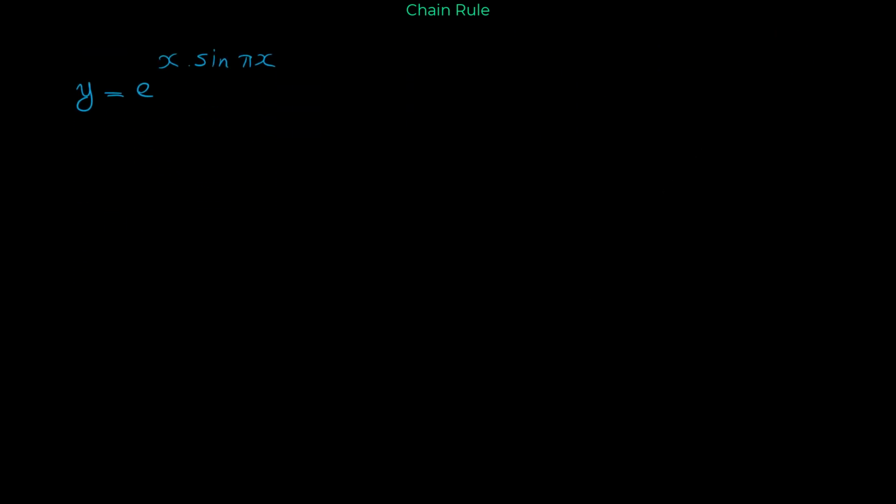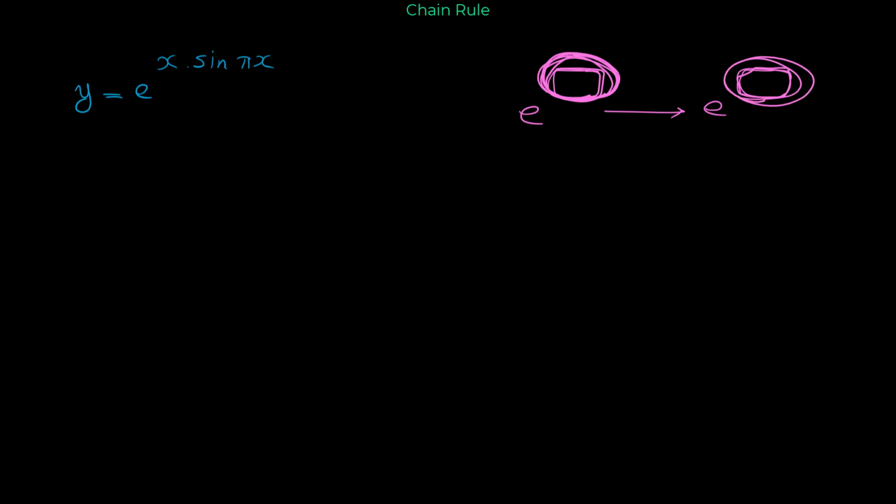Now look at this question. We want to find the derivative of the function e to the power of x sine of pi x. Again, let me remind you, the derivative of e to the x is e to the x. Whatever is inside the box goes here. Copy it here. But when, instead of x, we have something other than x, any function, we have to multiply this by derivative of whatever is here.